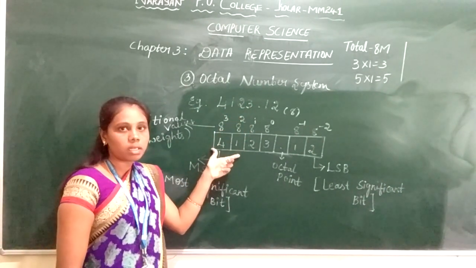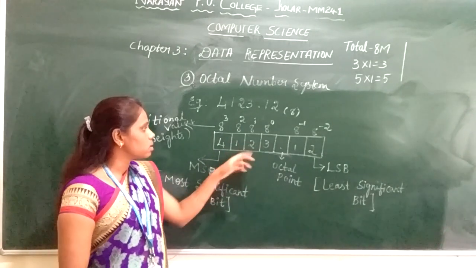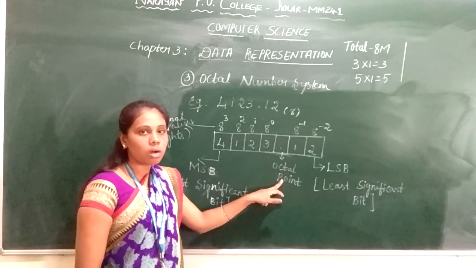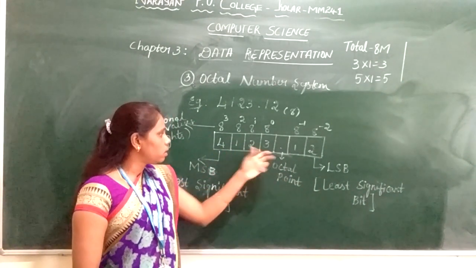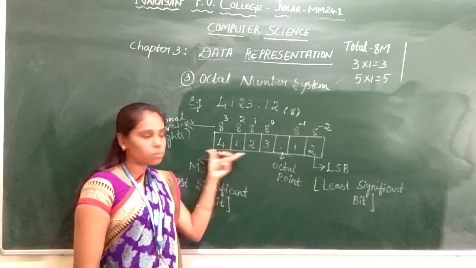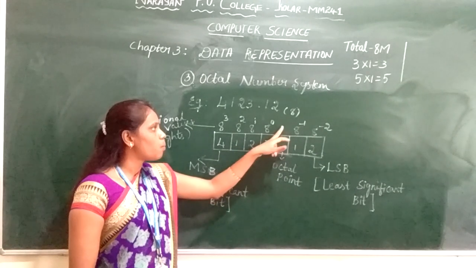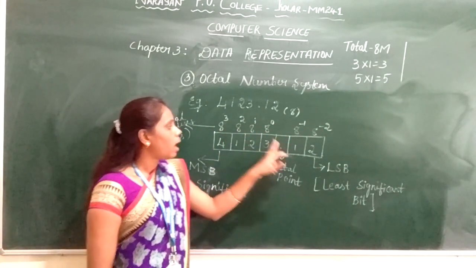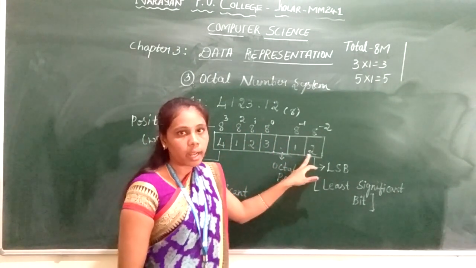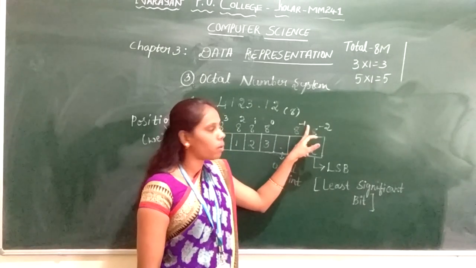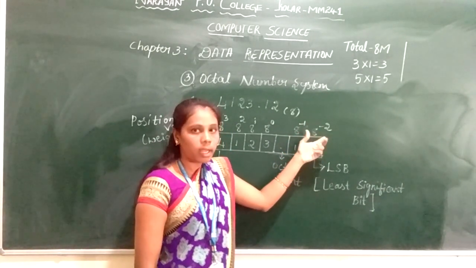This will be represented in your computer memory like this. We call this the octal point. The digits which appear towards the left of the octal point represent the positive powers of 8, and the digits which appear towards the right of the octal point represent the negative powers of 8.